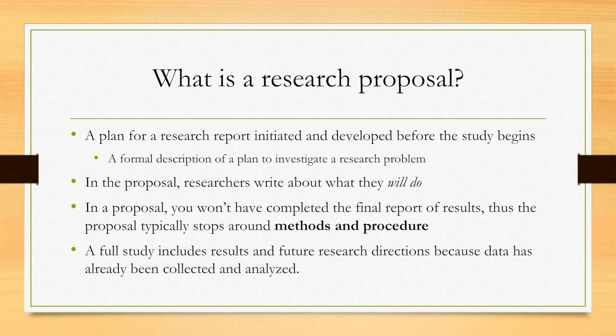You'll be describing what you hope you will find versus what you actually have found. Typically this stops around methods and procedure. The section after the methodology section that you've all completed will be a section on results. You won't have that section in your research proposal, but you'll have it in your final thesis.